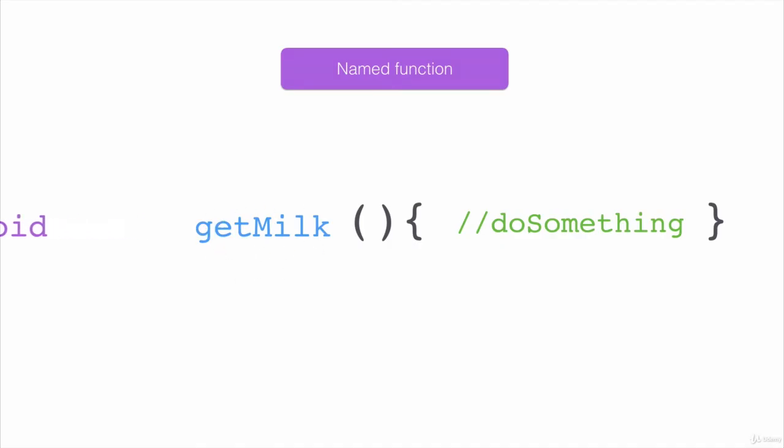Now, if we dropped everything other than just the core parts, namely the parentheses and the curly braces and all the instructions, then this would become an anonymous function because it doesn't have a name, right? And these anonymous functions are legion. No, just kidding. These anonymous functions are actually very useful.